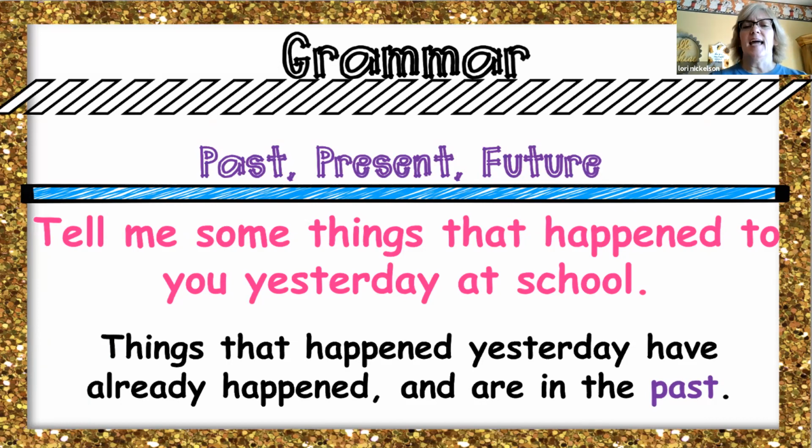Tell me some things that happened to you yesterday at school. I played outside. I got to read a book. Okay, so things that happened yesterday have already happened, are in the past, right?